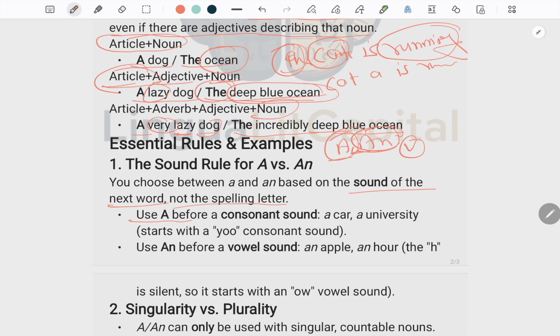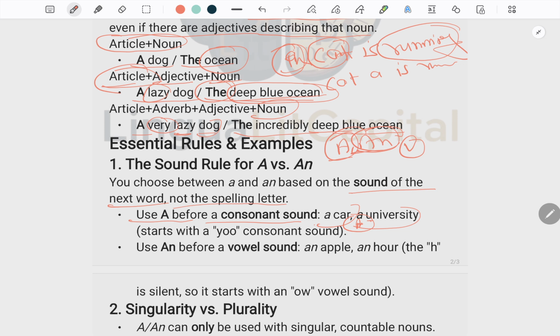Use a before a consonant sound, like a car, a university. Sometimes you get confused that the U is a vowel sound, so why do we not use an? We should use an, but in university we use a.